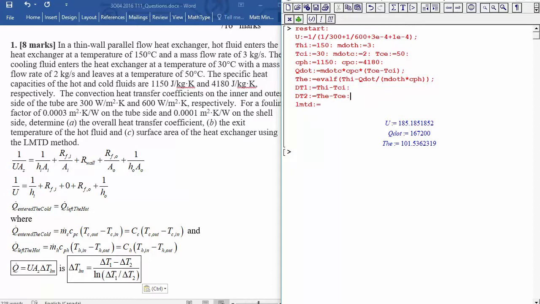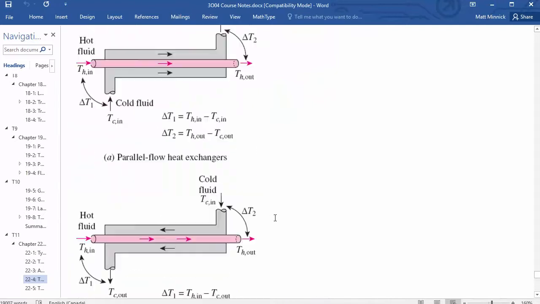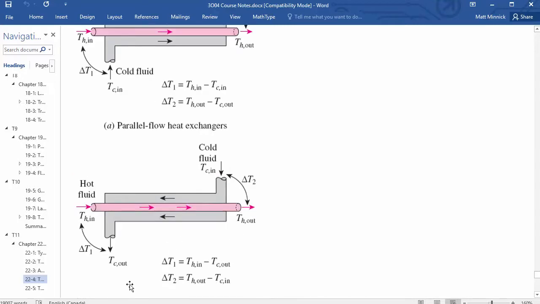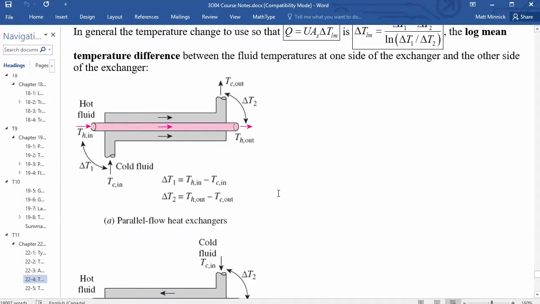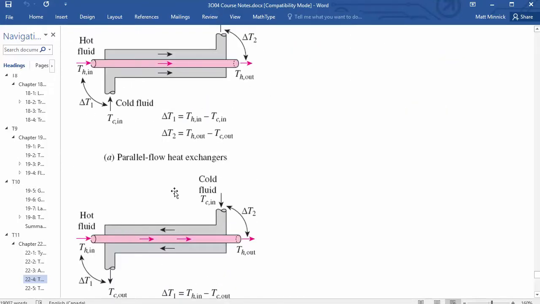If it was a counterflow, you'd use a different set of parameters. So it's kind of like the hot in minus the cold out rather than the cold in. The idea is you use the temperature difference at each side of this thing. In either case, that's what's consistent between the two different methods there.